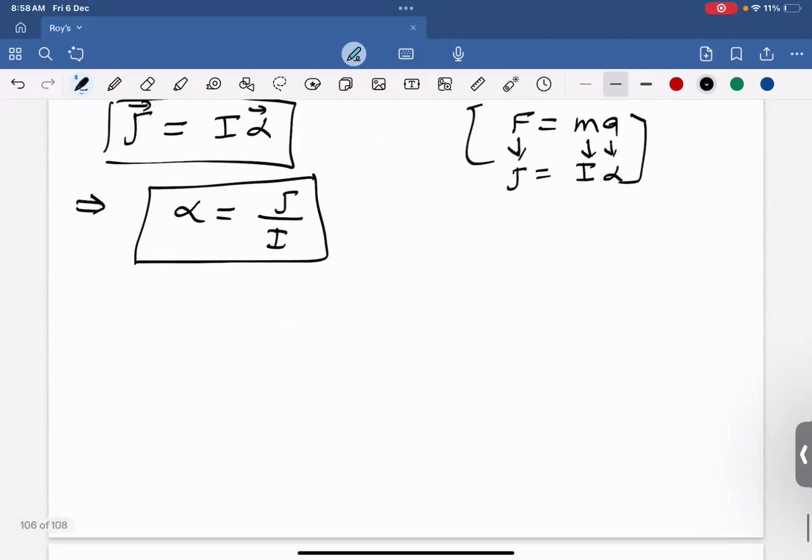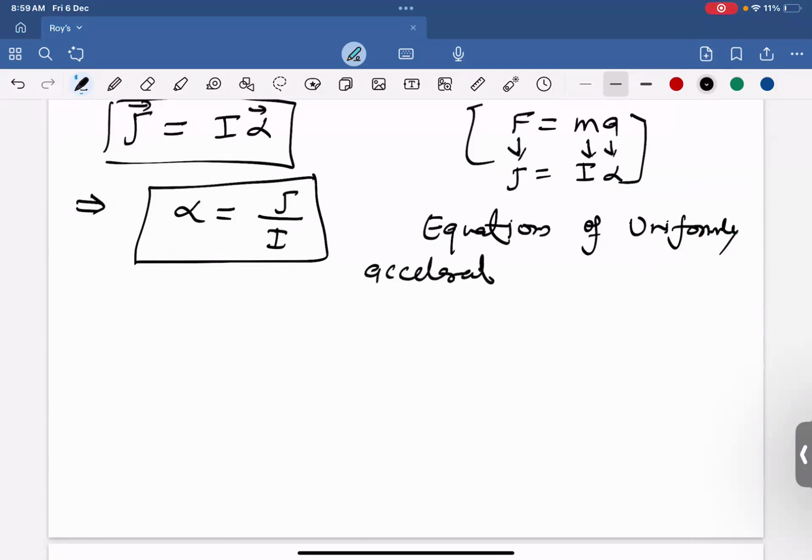And you can also use the equations of uniformly accelerated rotational motion.